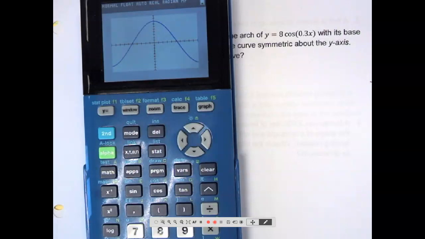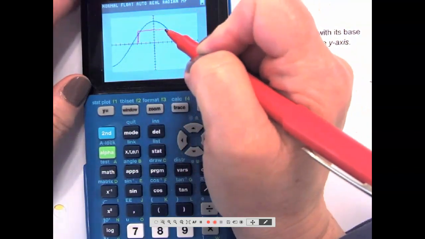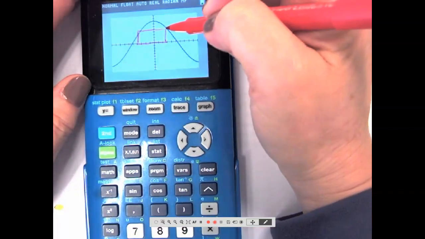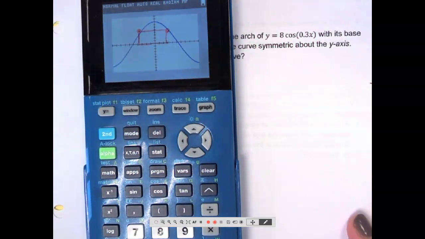Okay, so here's our curve. This is the situation. I want to place a rectangle underneath this so that it's sitting on the x-axis and its upper vertices are on that curve. Okay, that's a picture of the situation. So let's transfer that to our paper.